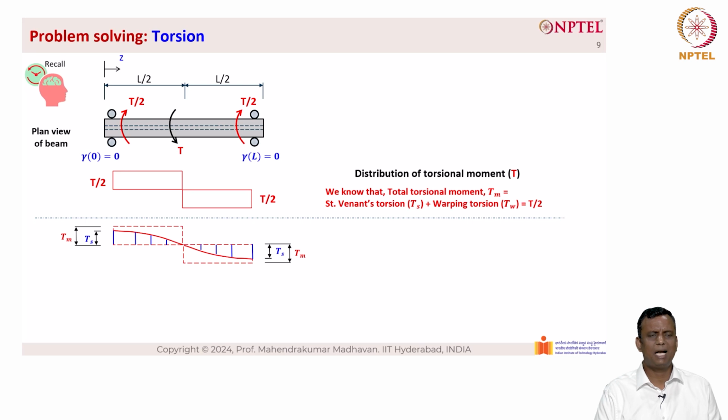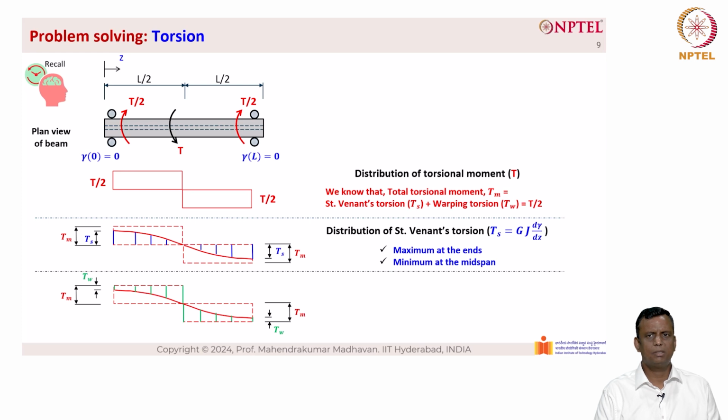As you can see, the maximum is happening at the edges or at the boundaries, and minimum is happening at the center. Whereas the non-uniform torsion, which is warping torsion T sub W, is minimum at the edges and maximum at L by 2. So the distribution of Saint-Venant's torsion T sub S equal to GJ into d gamma by dz is plotted here, which is maximum at the ends and minimum at the midspan.